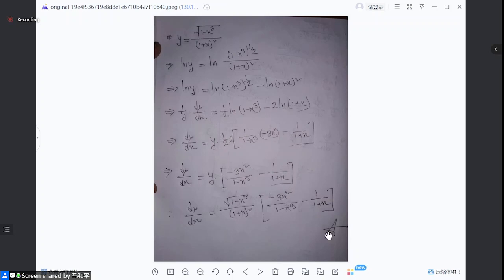I think this answer is also wrong. Check in the WeChat group.